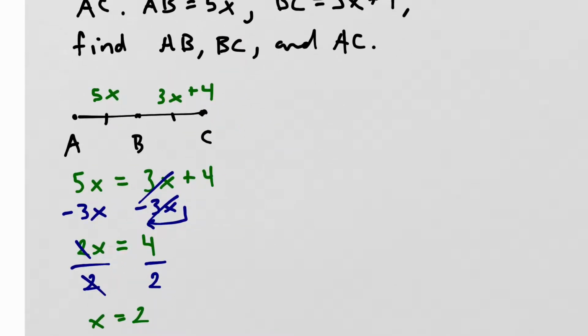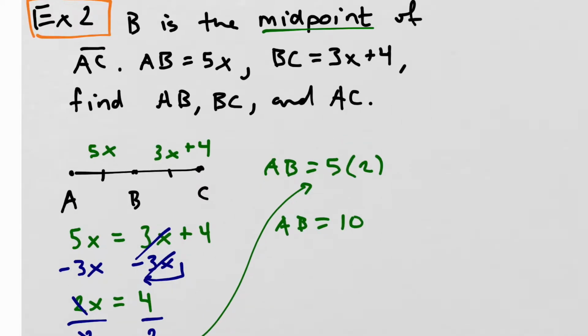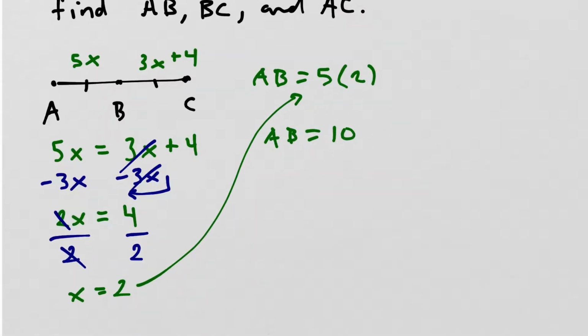Well, AB, remember AB is equal to 5x, so I'm going to plug it back in. AB equals 5 times x. So then AB equals 10. BC, what was that? BC equals 3x plus 4. So BC equals 3.